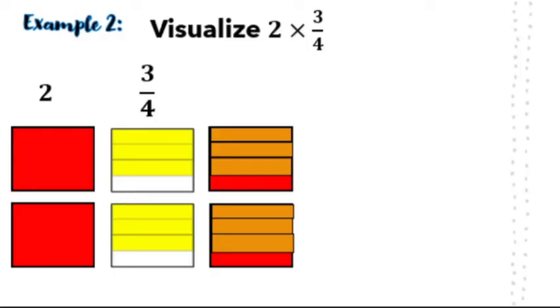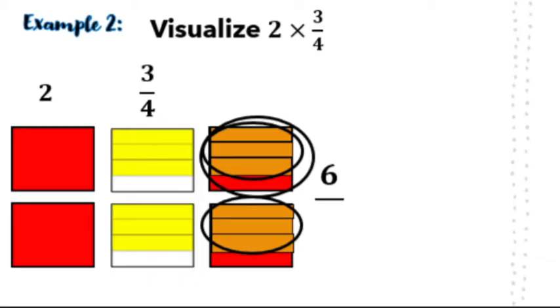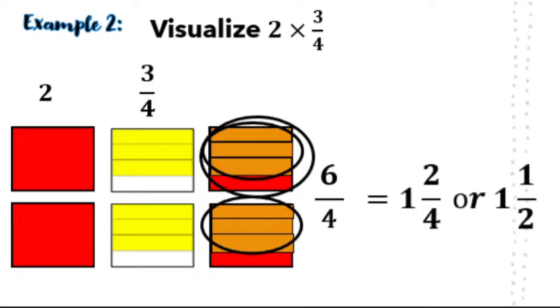For the numerator, count the intersecting colors of the models, the parts that change color. And for the denominator, count the parts of a whole is divided into. And lastly, simplify your answer if possible. And those are the procedure on how to visualize multiplication of fraction.